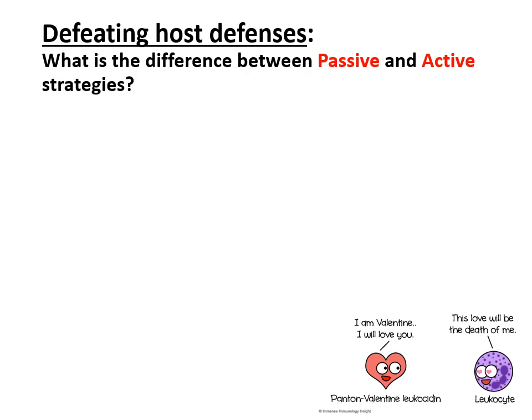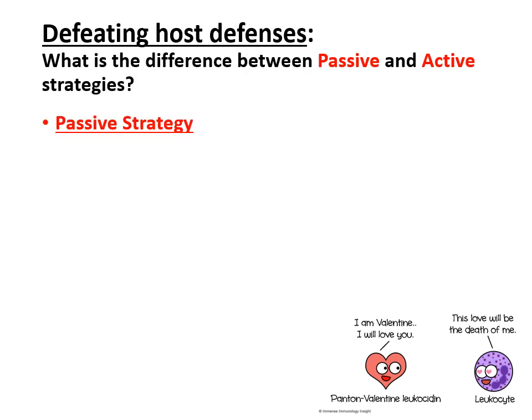Now, once the pathogen has entered and stayed in, the next thing it must do is defeat the defenses. And remember, we said that basically means defeating whatever your immune system is throwing at it to try and kill it. Now, when we talk about defeating the defenses, you have to know the difference between passive and active strategies.